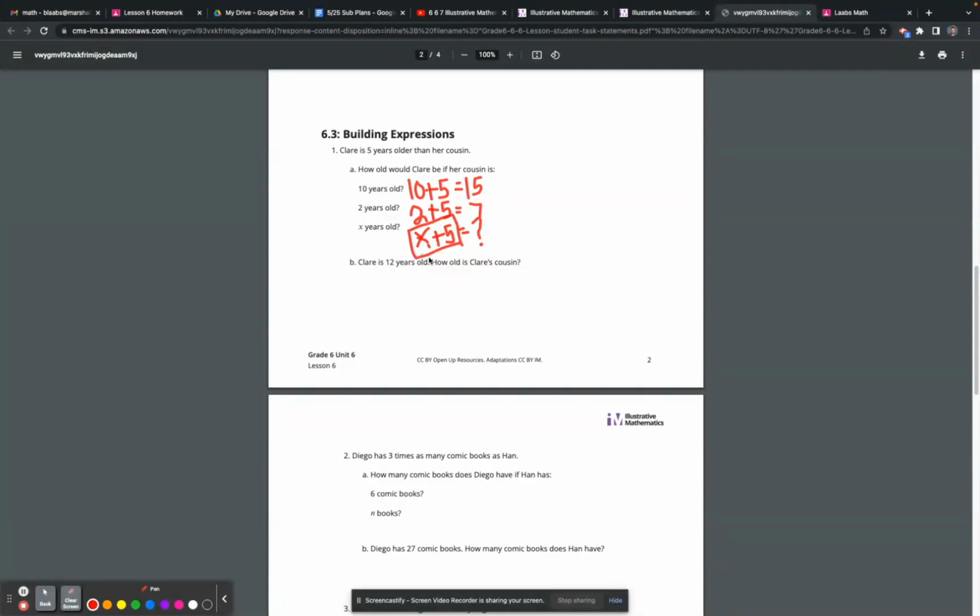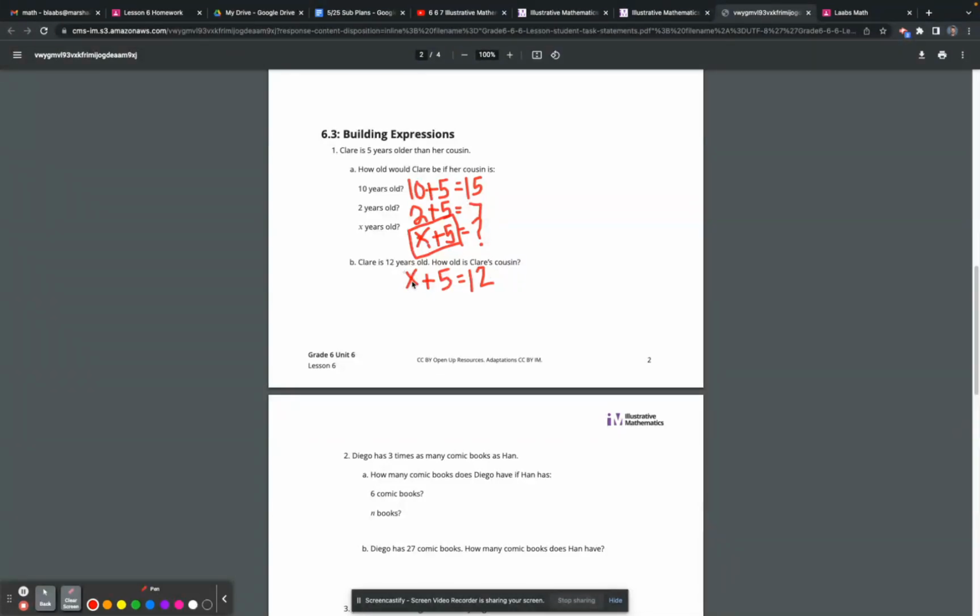Claire is 12 years old. How old is Claire's cousin? Now we would have to kind of think of this in the opposite. Because we know Claire is 5 years older than her cousin, if we know Claire is 12, I could set up my equation, X plus 5, X being her cousin's age, plus 5 is going to equal 12 in this case, because we know Claire is 12 years old.